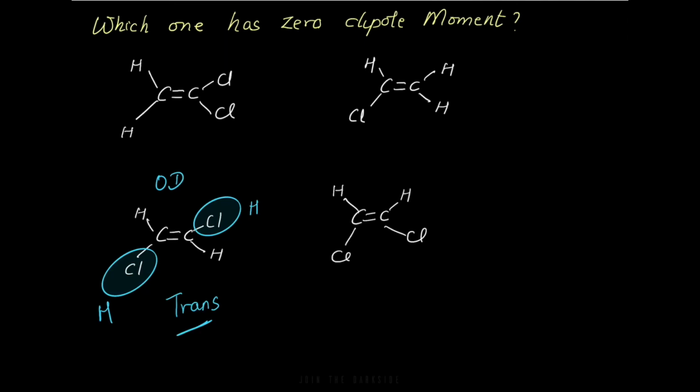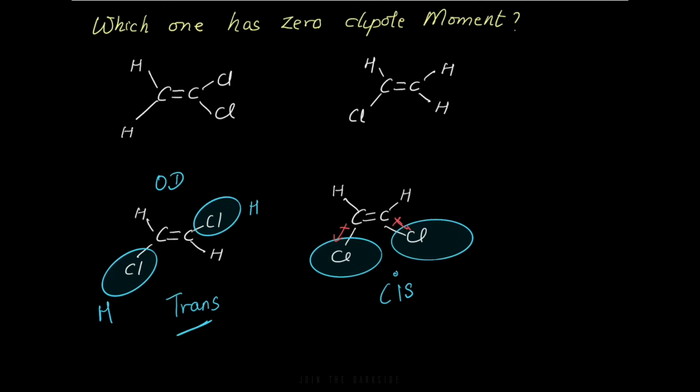dipole moment. Okay, and here in this compound you have two groups which are actually pointing in the same direction, and therefore this is cis, but the cis has got dipole moment in one particular direction.